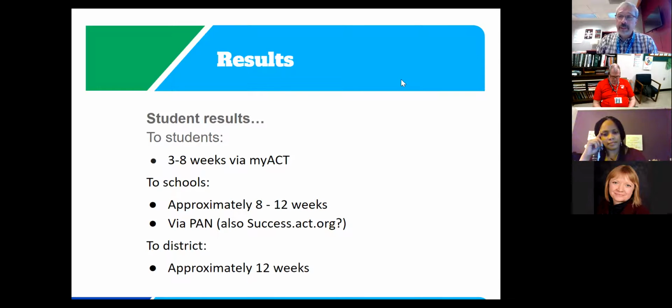If we happen to hit a lull in their scoring, the results are back in 3 weeks. If it's a typical scoring, they're probably back between 6 and 8 weeks. That's when students will start saying, hey, I got my results. You will start seeing results in Pearson Access Next closer to 12 weeks. But anywhere after 8 to 12 weeks is when I would expect to start seeing things.